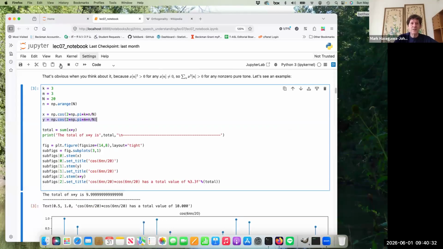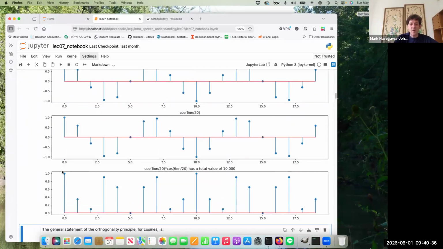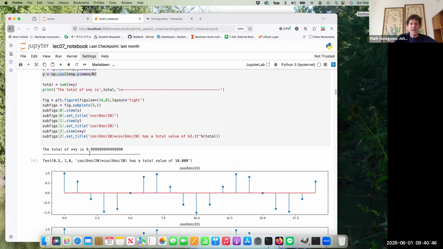And when I multiply those two things together, I don't get 0. I get something where x times y is always positive. You can see that x times y varies between plus 1 and 0. And so its average value is exactly 1/2. Right? We have 20 samples, and so the total is 1/2 of 20.